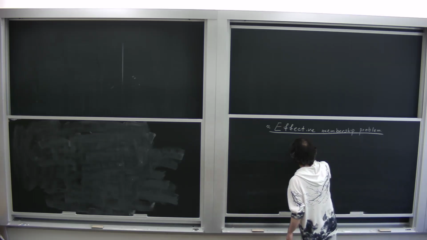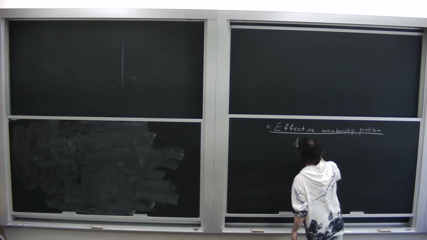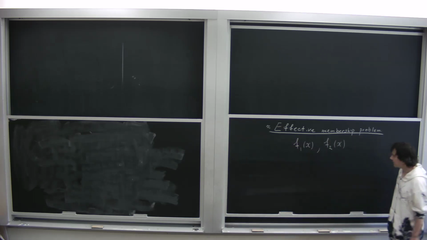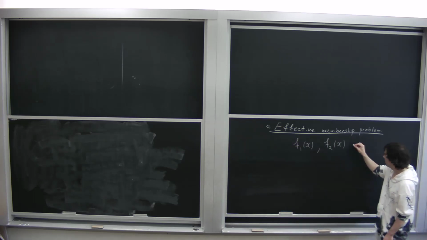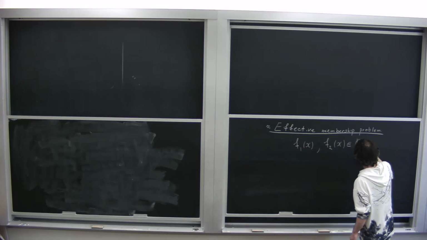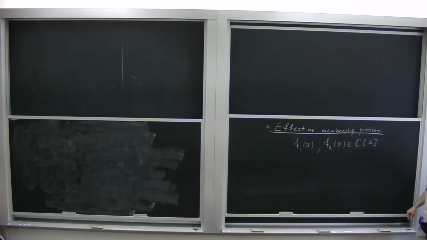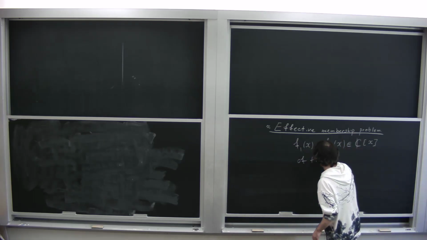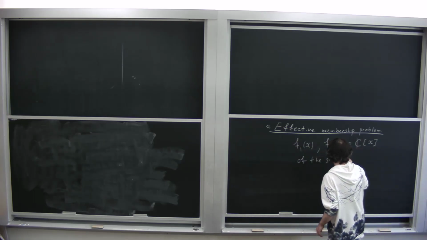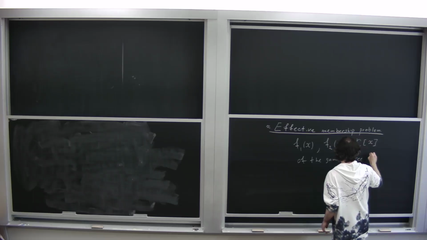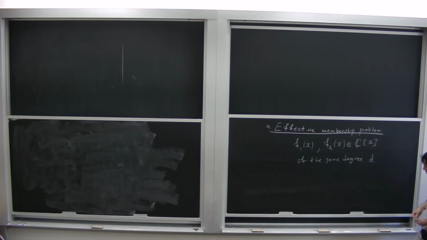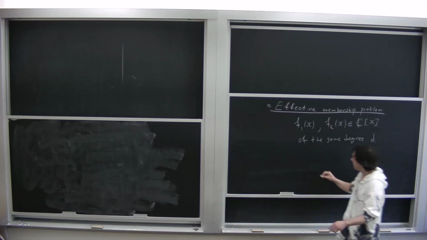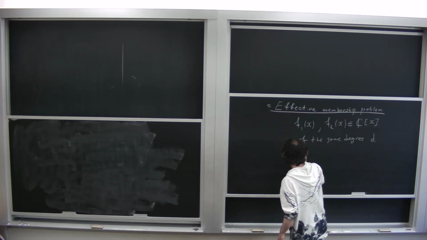So let's say we have a couple of polynomials, f1 of x and f2 of x. Let it be just two polynomials of the same degree, let's say d, and let us consider their linear combination.